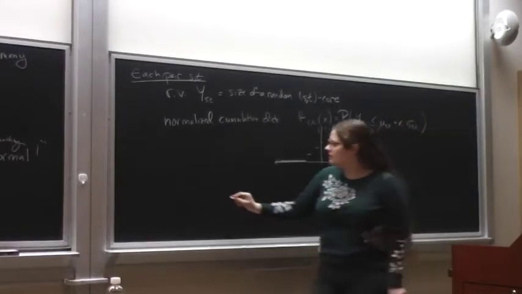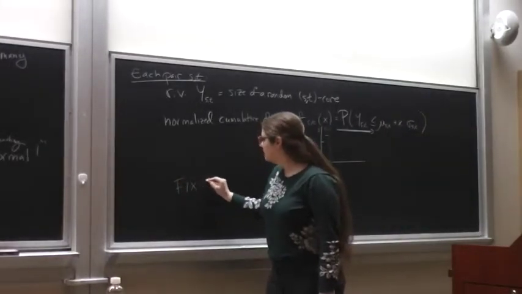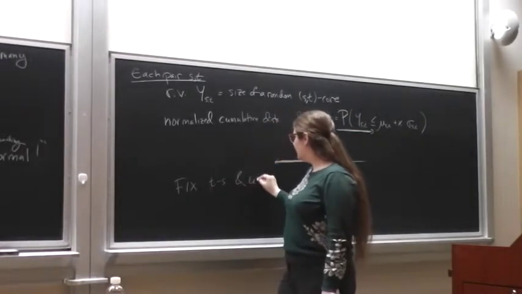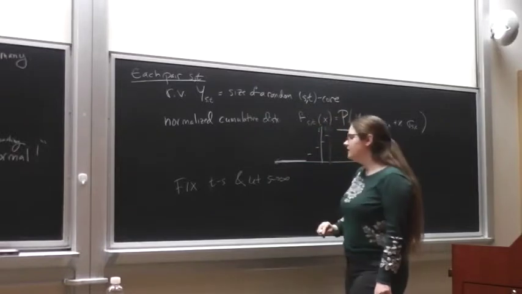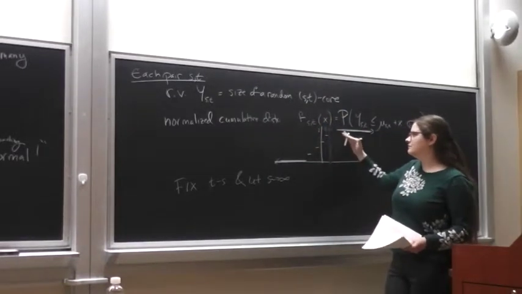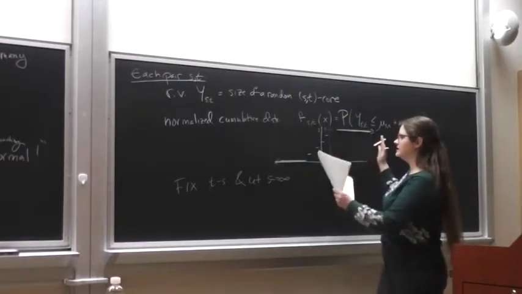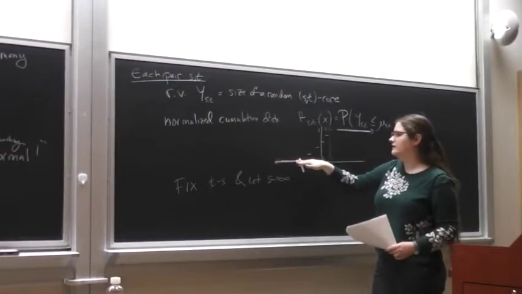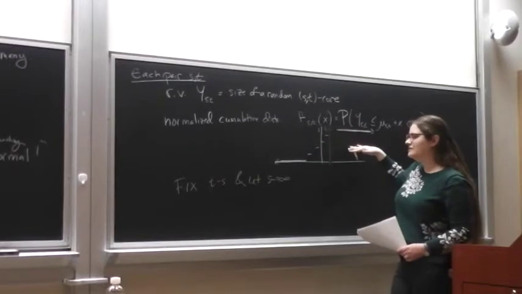And now, if you fix t minus s to be something, and let s go to infinity, you get some point-wise limit. Because these are normalized, so they're always going to be centered and scaled appropriately, we can see at each point what the limit of these function values are.